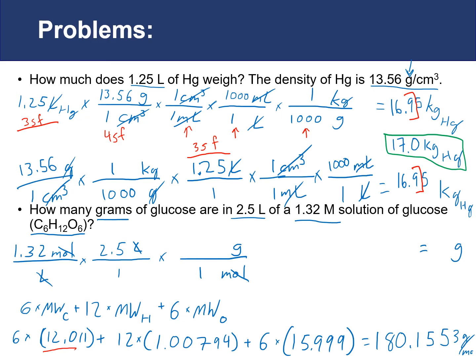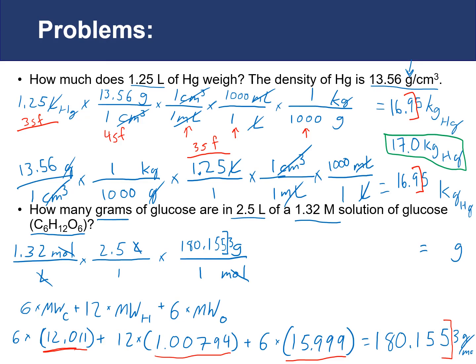This one has 3 decimal places. This one has a lot more than 3 values after your decimal place. This one also has 3 values after your decimal place, and so our answer would be good to 3 values after our decimal place. Okay, so plugging that in here, we would have 180.1553, marking our significant figure.